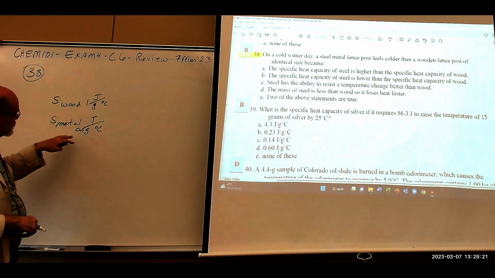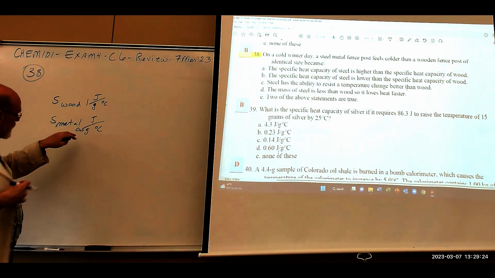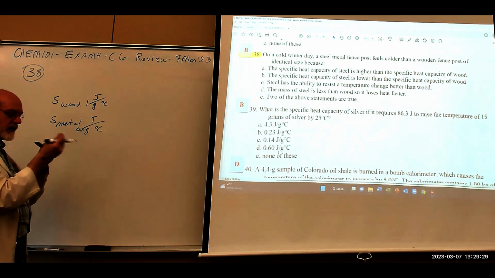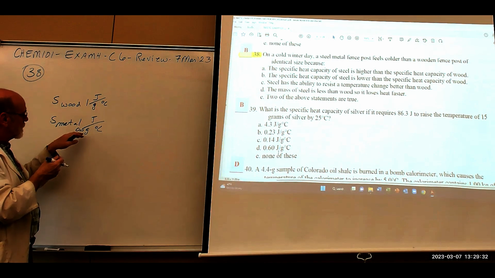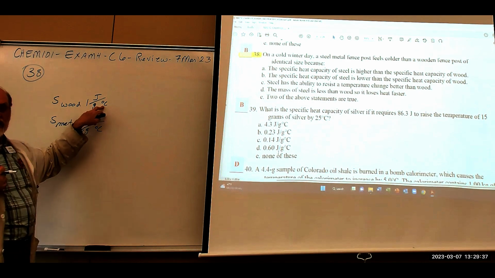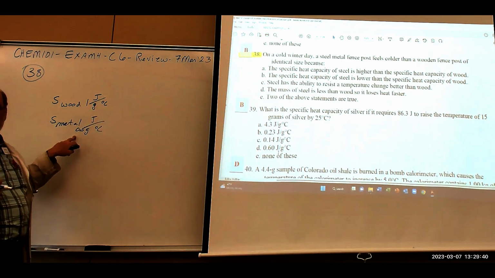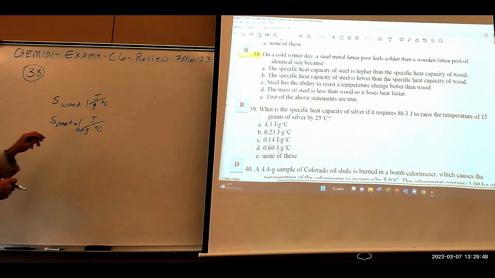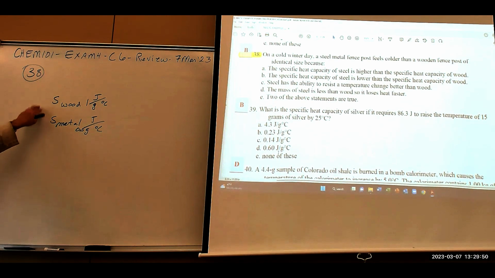So if this is 0.5 joules per gram degree C, then if the object is extracting heat from your finger, the same amount of heat would cause a smaller change in temperature for wood than it would for metal. Correct? Okay. So it's based upon the difference in specific heat. The specific heat capacity of steel is lower than the specific heat capacity of wood. That's it. Okay.